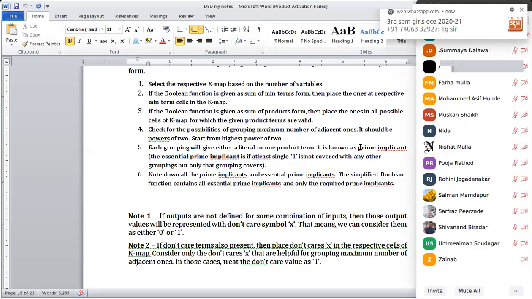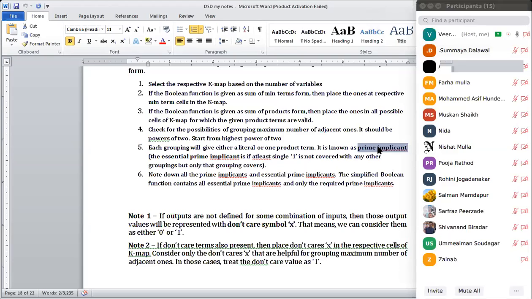So what is a prime implicant? If we have a group, out of that group we will get one product term. That is a prime implicant. If we don't have any group, only one is remaining, and this one is not sharing a group with anyone, then also we will get a term, and that term is called an essential prime implicant.